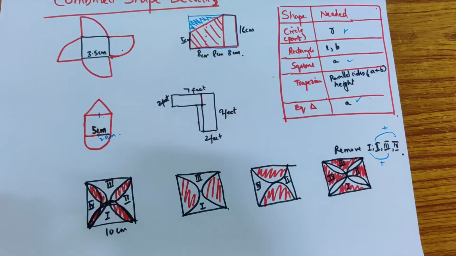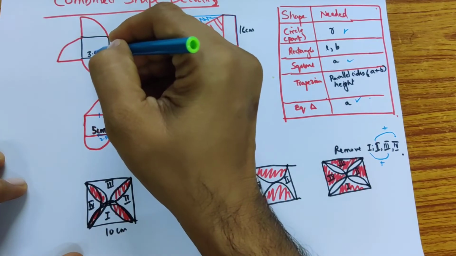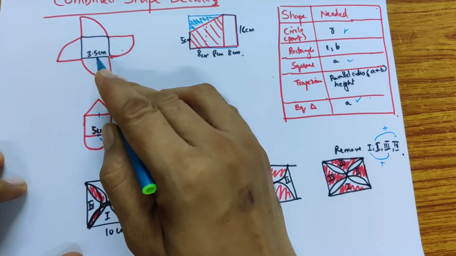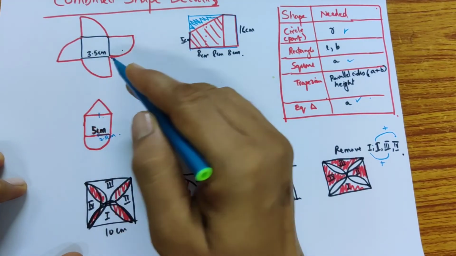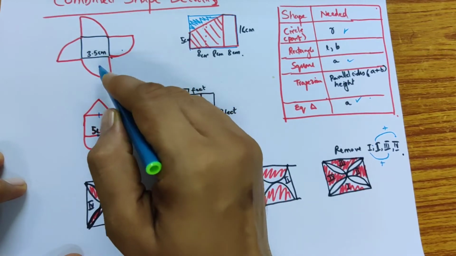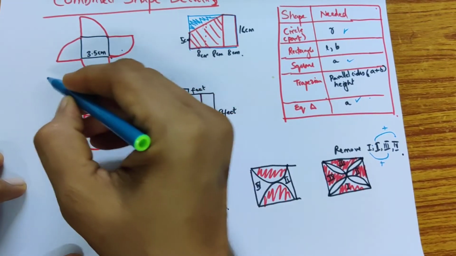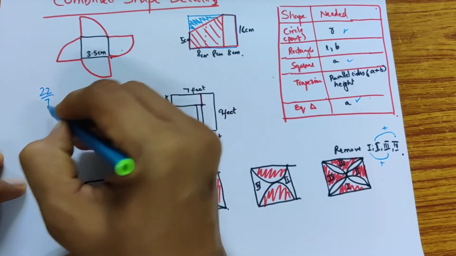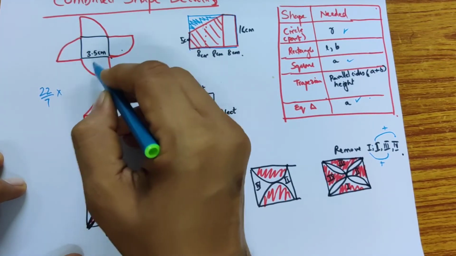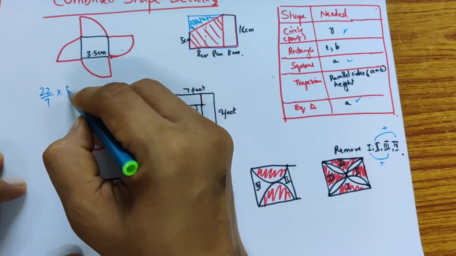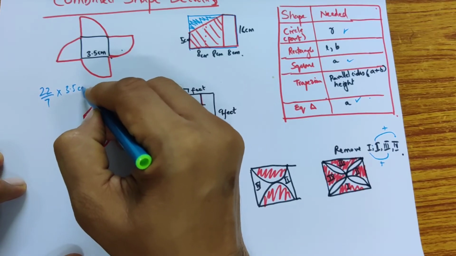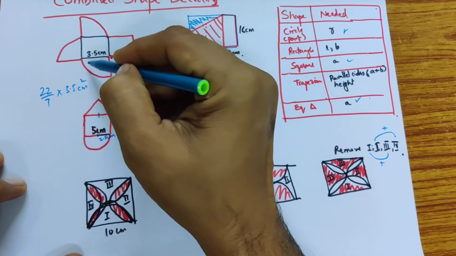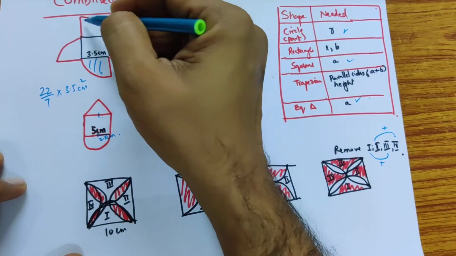But in this, children should be able to identify that 3.5 is half of 7. So in this question I would use pi as 22 by 7, times r square, so that is 3.5 centimeter square. So I'm basically doing these four areas together, right?